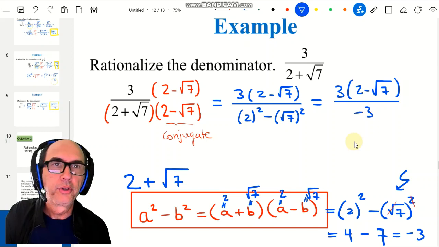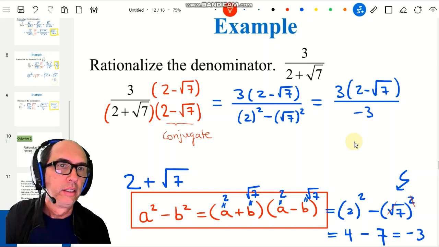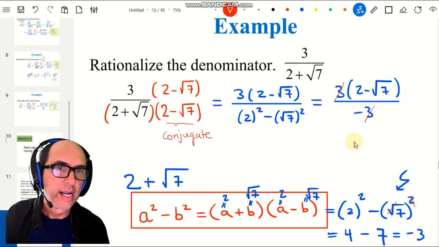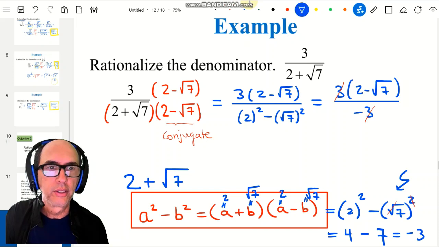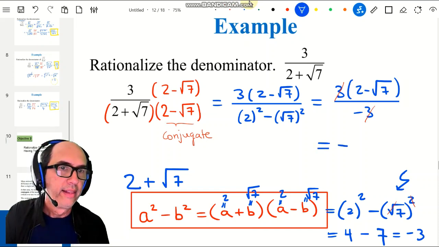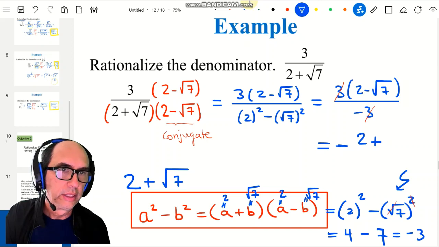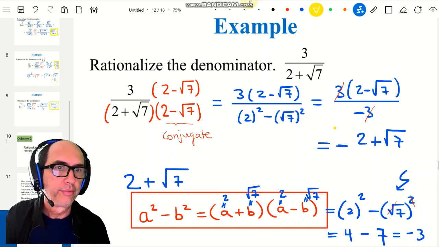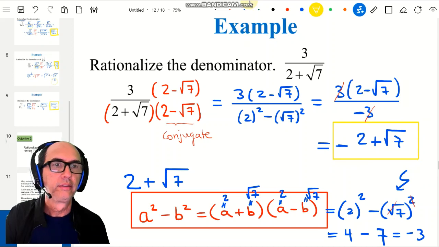And that's interesting because we can simplify. Look, 3 divided by 3 is 1, and we still have the negative, right? So that's going to equal negative 2 plus, since we have a negative, this becomes negative 2, and this becomes positive square root of 7. That's going to be the final answer.